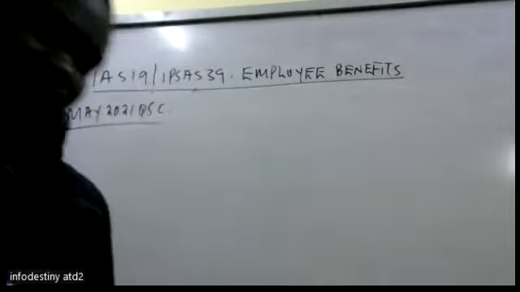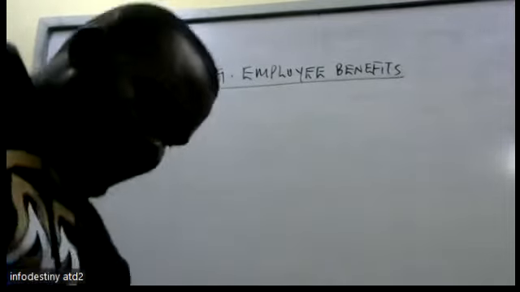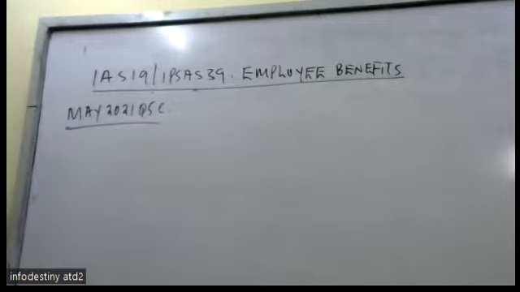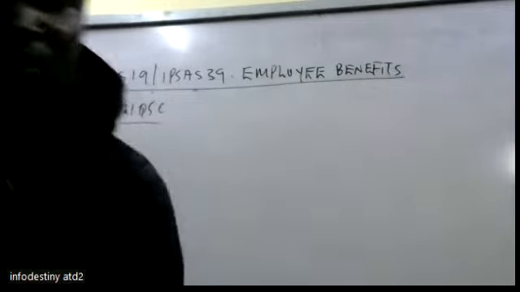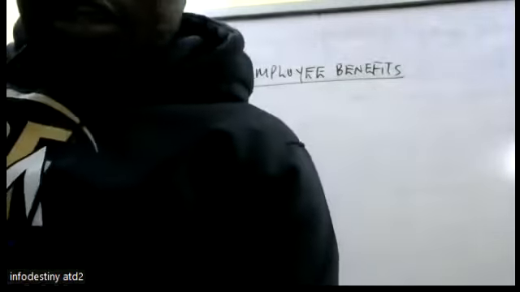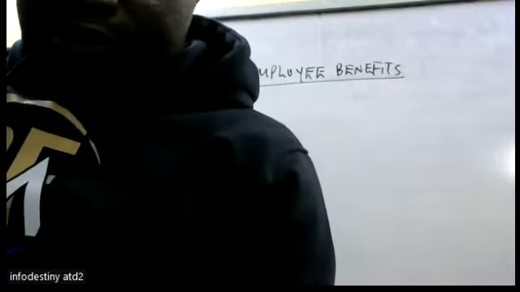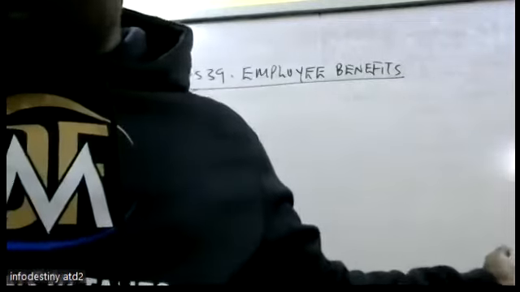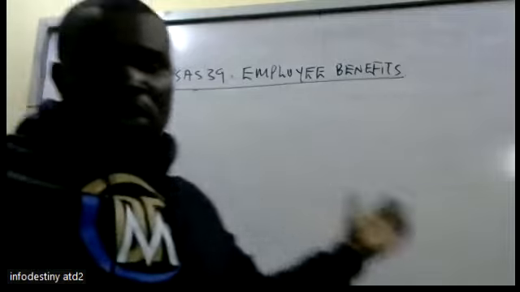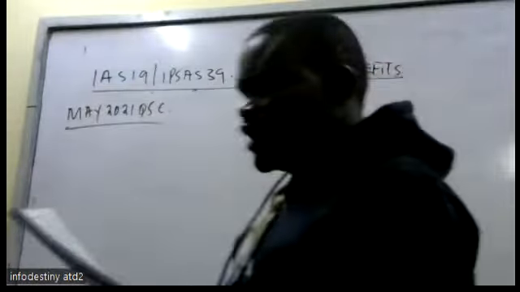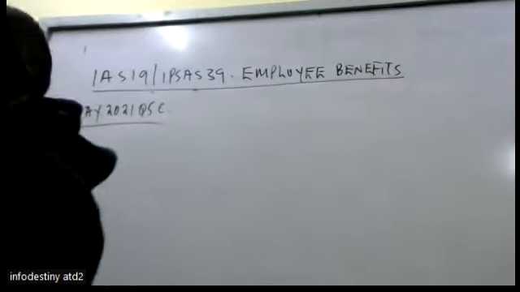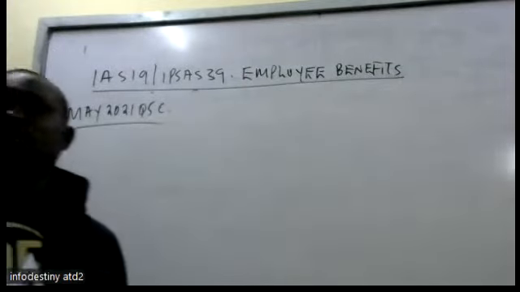So the components of remeasurement, which ones did you write? We have actuarial gains and losses, because when you do the reassessment, then we have return on plan assets, then any changes that affect the plan assets excluding interest components.